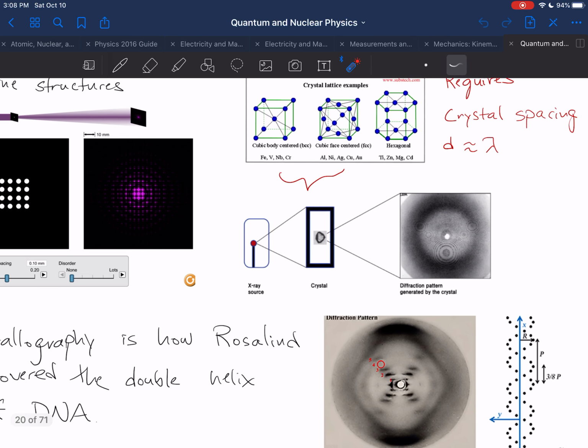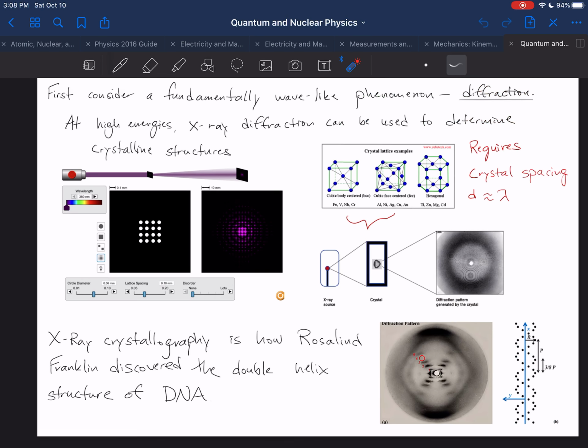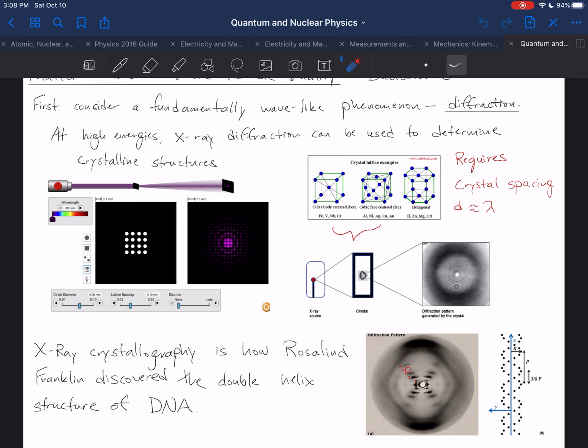And take a look at this. This is very much a real pattern that is used. So you send an X-ray along here to that crystalline structure, and you can obtain that diffraction pattern. As an important side note, this process, known as X-ray crystallography, is an active area of research today, and is actually how Rosalind Franklin discovered the double helix structure of DNA.